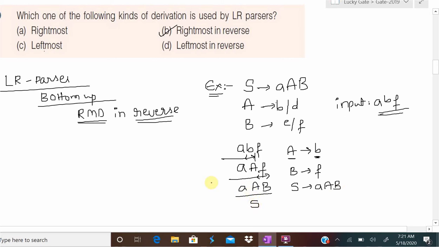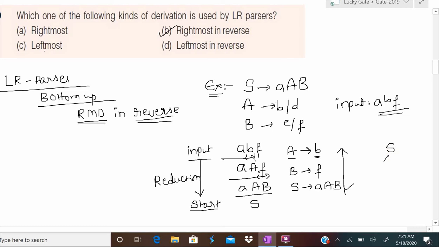Okay, so in bottom-up parsers, the input is to be reduced to the starting non-terminal. This reduction of input to the starting non-terminal is a process called the reduction process. In the reduction process, it has to construct the parse tree in reverse of the reduction. Now observe, what is the first reduction in reverse?